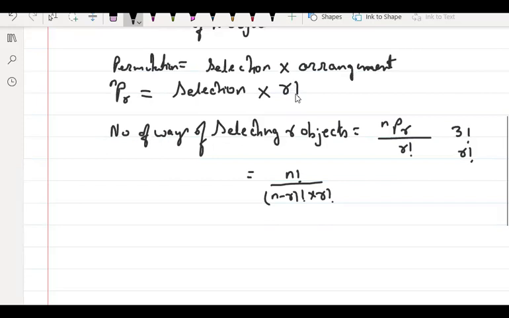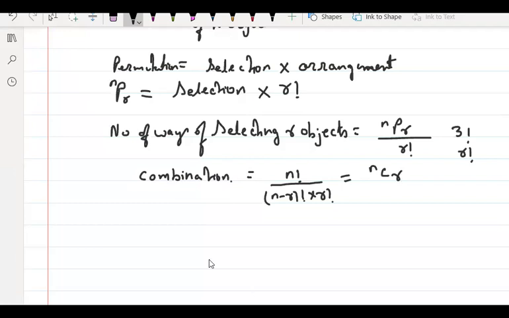So what is this? This is the number of ways of selecting only, right? It is not arranging, it is selection only. So the number of ways of selecting R objects is called combination, and it is represented by NCR.